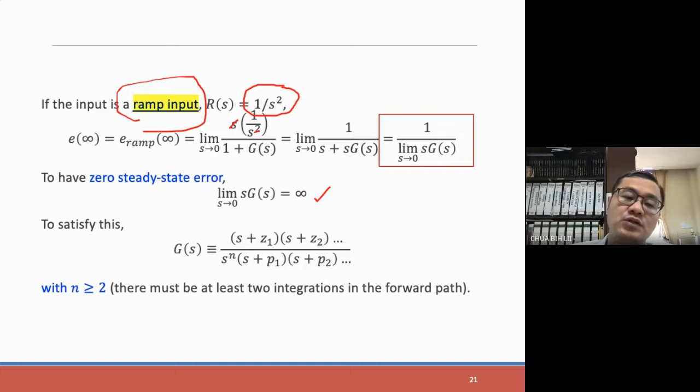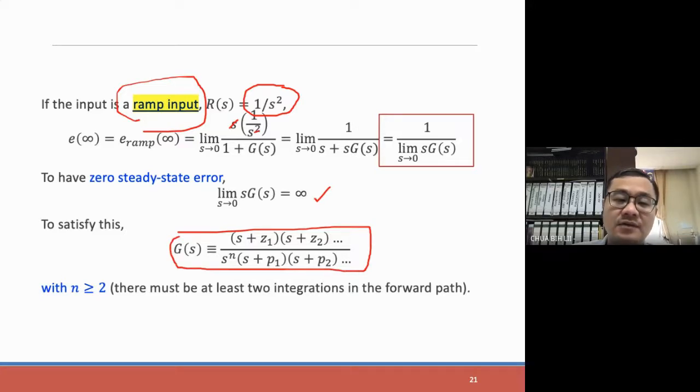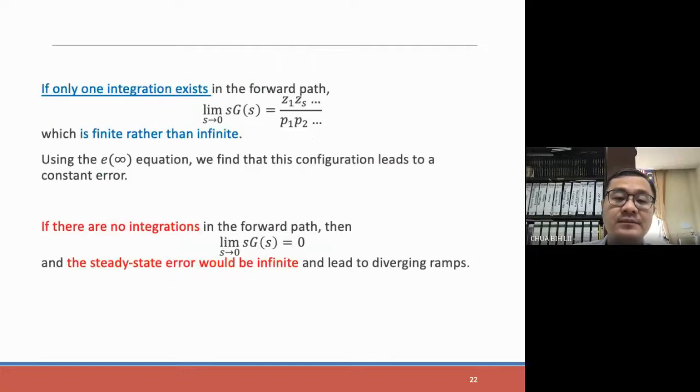Once we get this form, we again compare with the general form of transfer functions. In order for us to get a 0 steady state error when a ramp input is inserted, the n value must now be at least 2, instead of 1 previously.